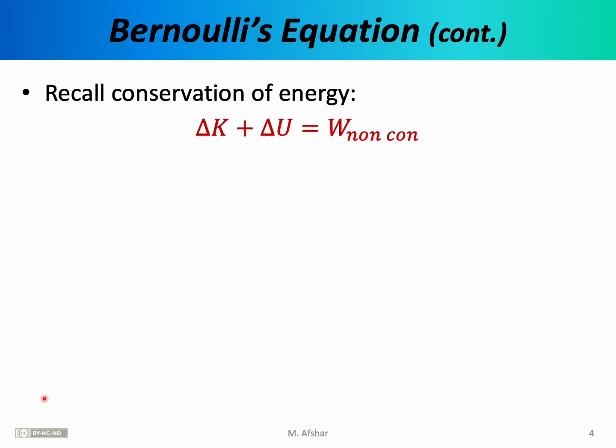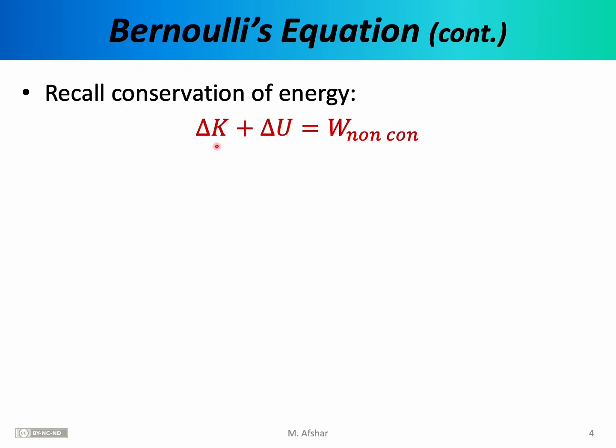We're now ready to complete our derivation of Bernoulli's equation. Recall from your course on mechanics the conservation of energy equation. Conservation of energy can be expressed in many different forms, but this form is probably one of the more useful ones.